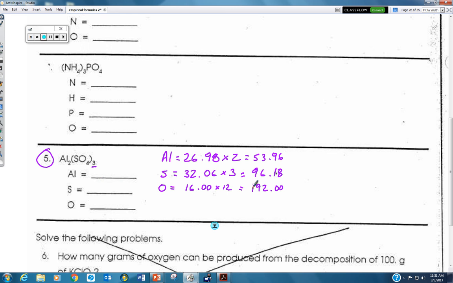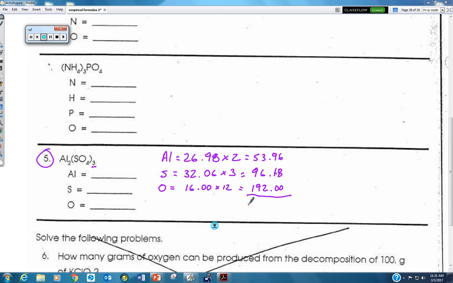That gives us 96.18 for the mass of sulfur in this compound, and the mass of oxygen, oxygen's atomic mass is 16.00, and there are 12 oxygens. 4 times 3 is 12, which gives us 192. And to determine the molar mass, we will now sum 53.96 plus 96.18 plus 192.